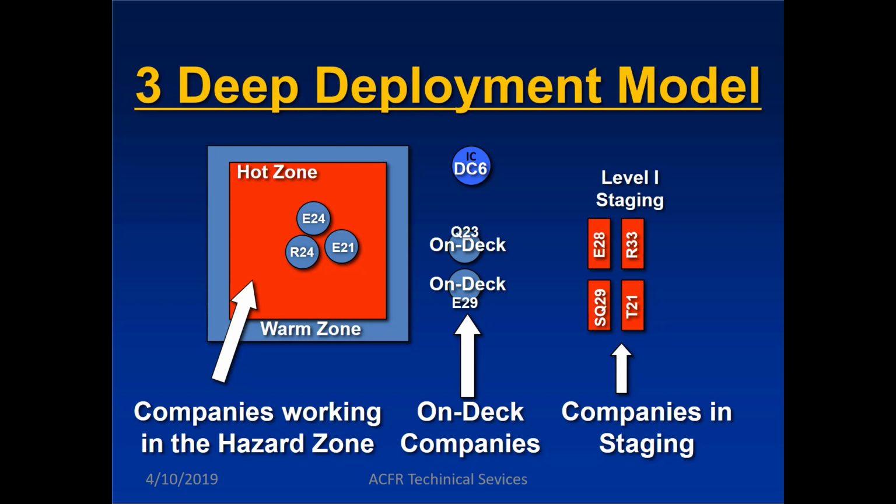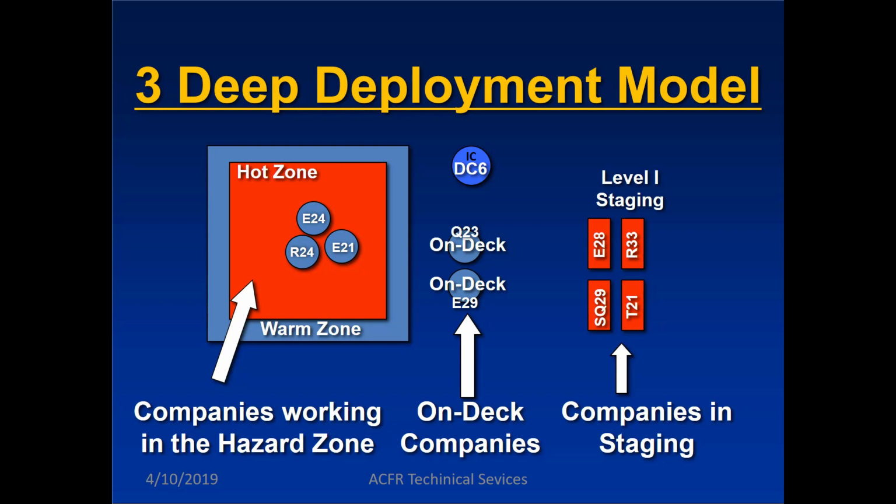So part of this deployment, and what they look at, is the 3 deep deployment model. So 3 deep, what does that mean? Well, you have companies working right there in that hot or warm zone. That's first and foremost your incident level. Then the next level, the 2 deep, would be your IC or your on-deck crews.